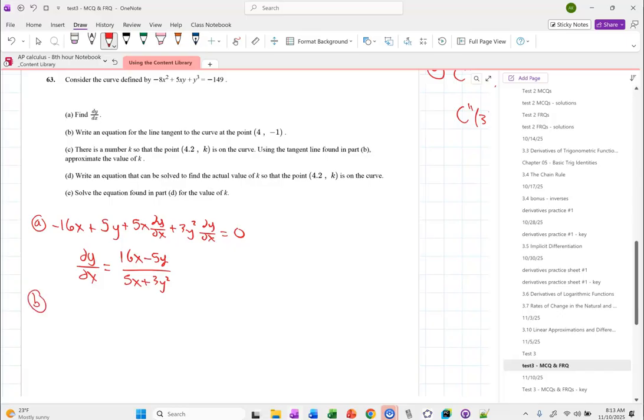Part B says write an equation for the line tangent to the curve at the point 4, negative 1. So we have the point, right? How can we get the slope? Plug in 4 and negative 1 into our derivative, right?